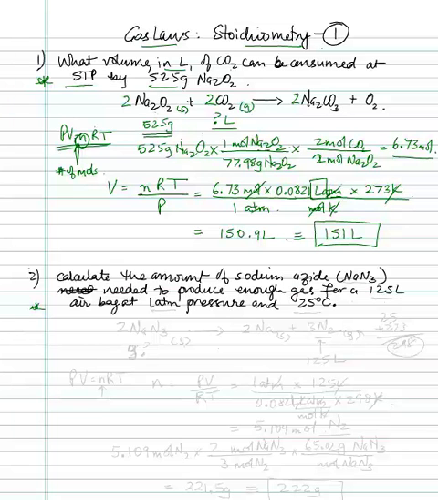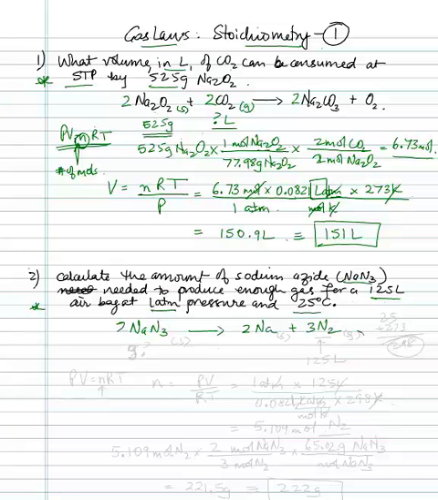In this case, the question is, calculate the amount of sodium azide, NaN3, needed to produce enough gas for a 125 liter airbag at 1 atmospheric pressure and 25 degrees Celsius. The equation given to us is NaN3 gives sodium and 3 N2.